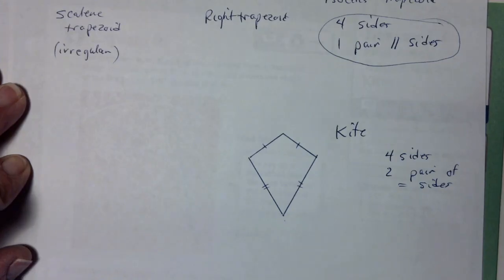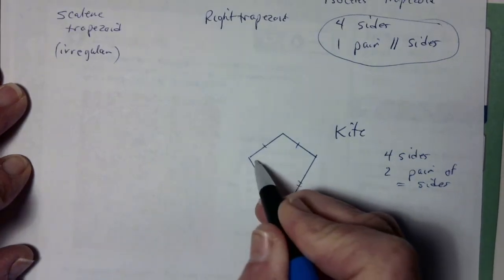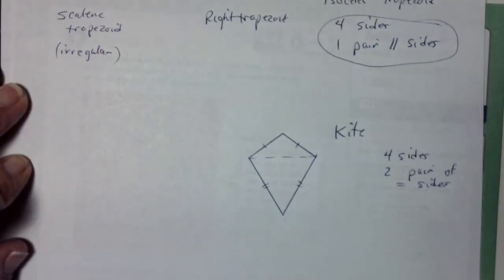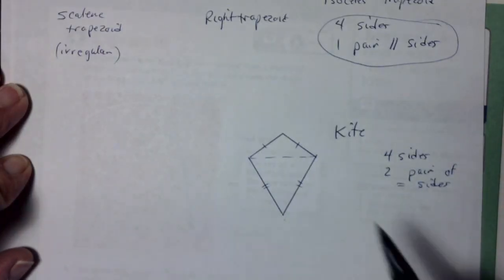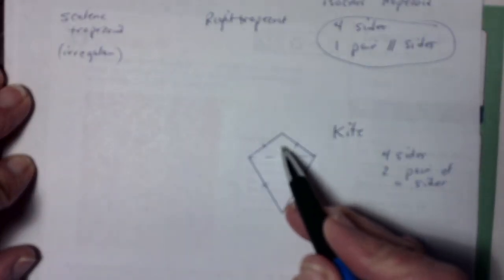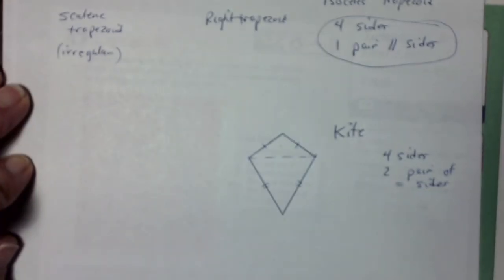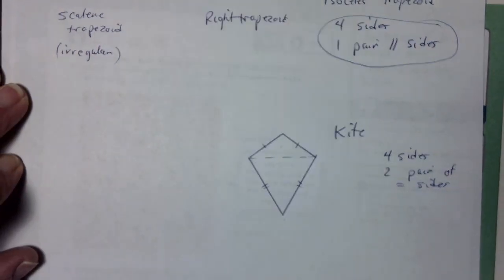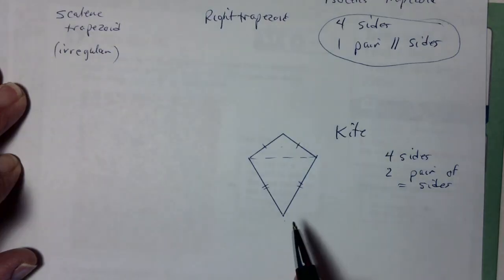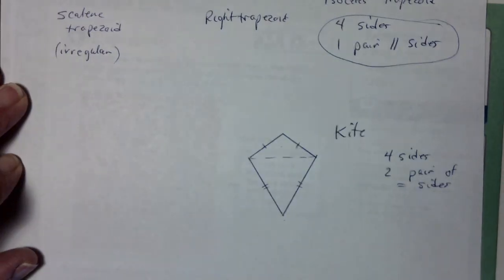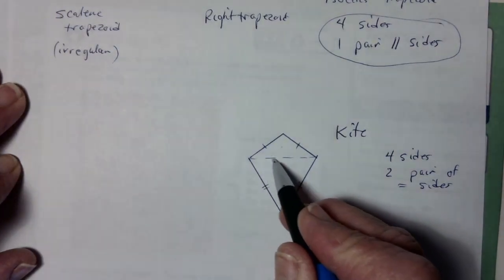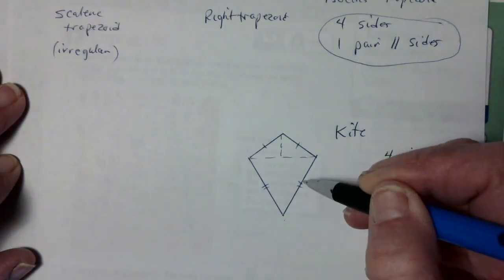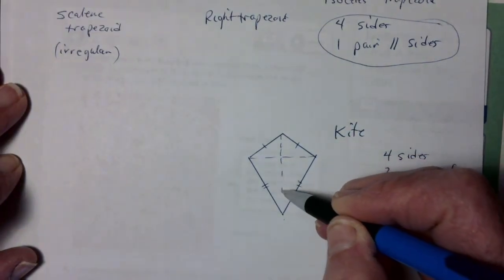But what you need to be able to see is that if I were to draw a line right across here, I'd have two triangles. And if I could find the area of that triangle and the area of that triangle, then I would be able to find the area of the whole thing by adding those together. So when I'm working with a kite right now in the 6th grade, this is going to end up being my base, and they're going to have to tell me that little length right there and that length right there.